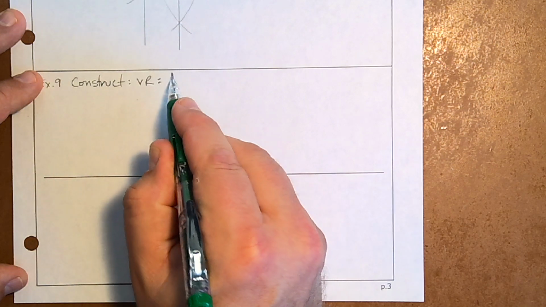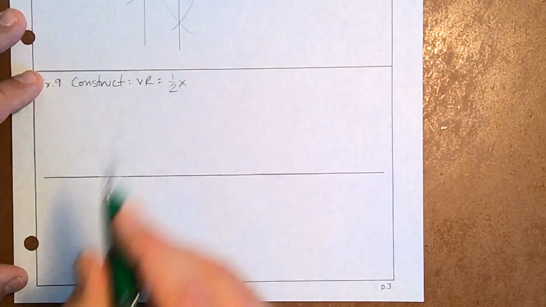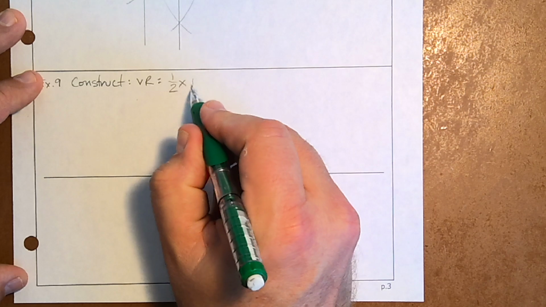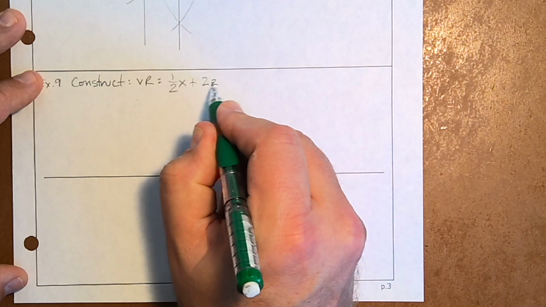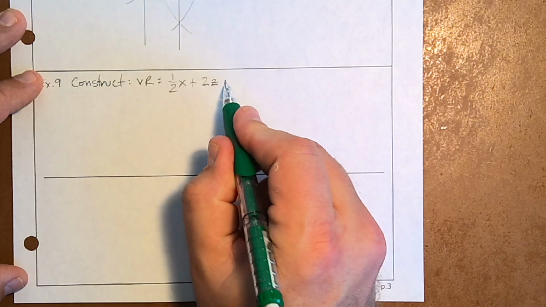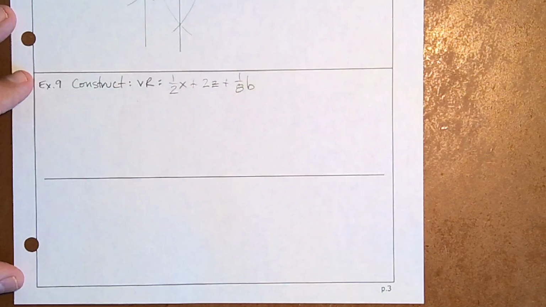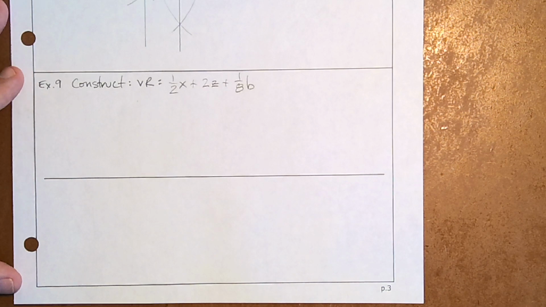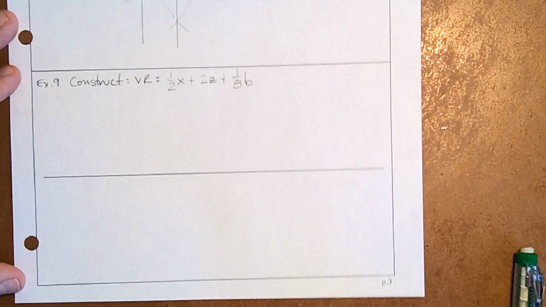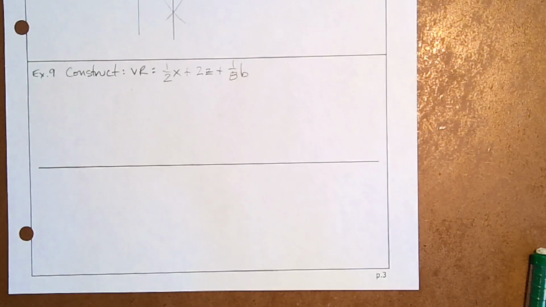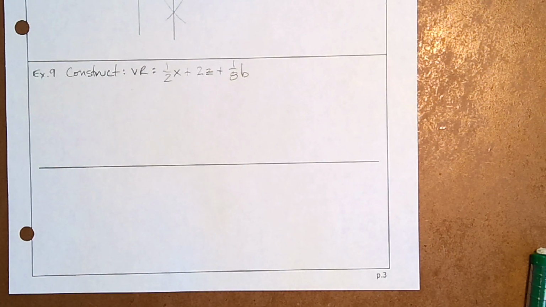Segment VR is going to be 1/2 X plus 2Z plus 1/8 B. 1/2 X plus 2Z plus 1/8 B. Challenge problem for you. Okay, let's see what you can do. Go. 1/8 is a half of a fourth.